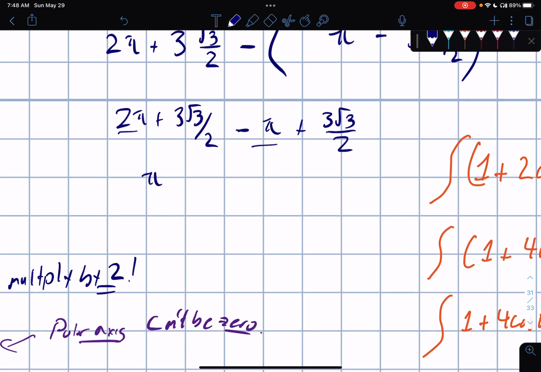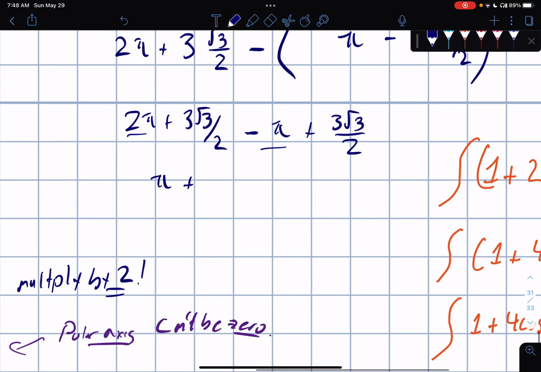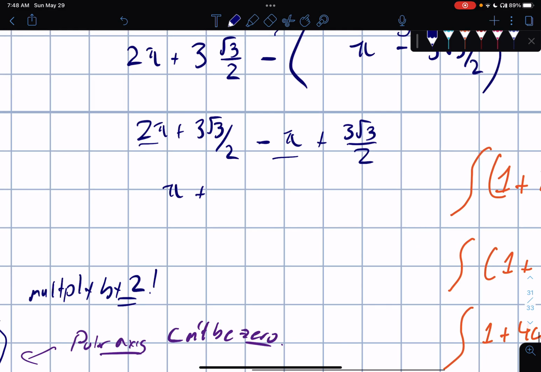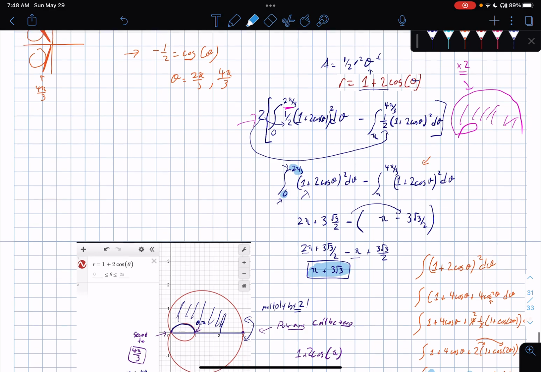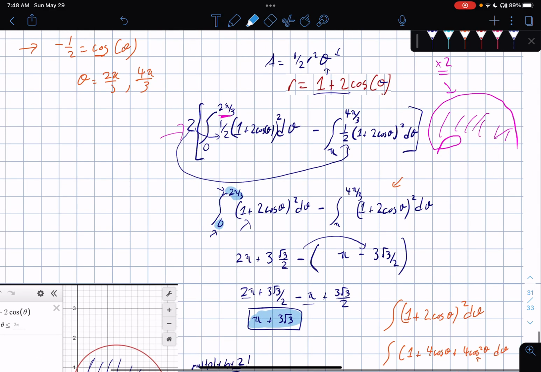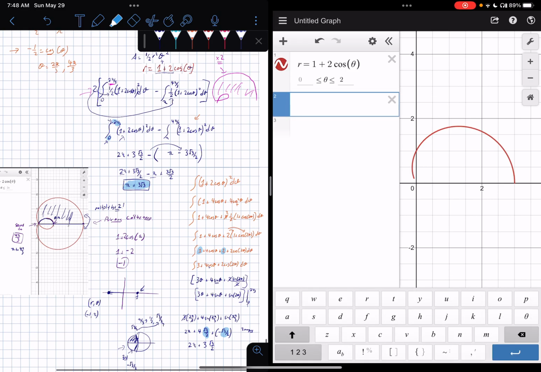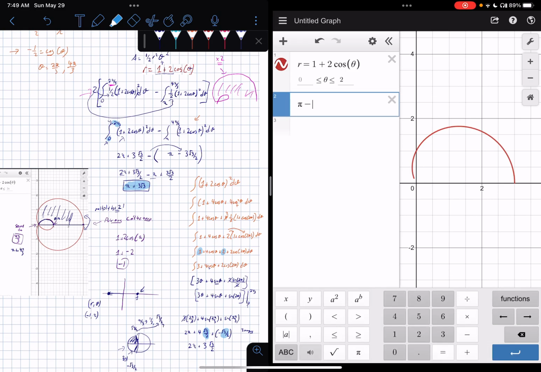And 3 root 3 over 2, if I add two halves, it'll make me one whole, so it's just 3 root 3. So this is the answer that I'm getting right now: pi plus 3 root 3. So let's plug this into a calculator and see if we got the right thing. Pi minus 3.